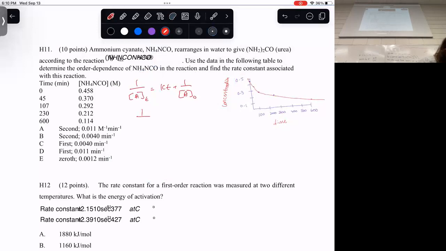All right, so now we can say that At, it doesn't matter, you just have to pick a time. We can call that 600, right? We can say that this is 0.114. Our K is what we don't know. Our time is 600. And our A0 is 0.458.